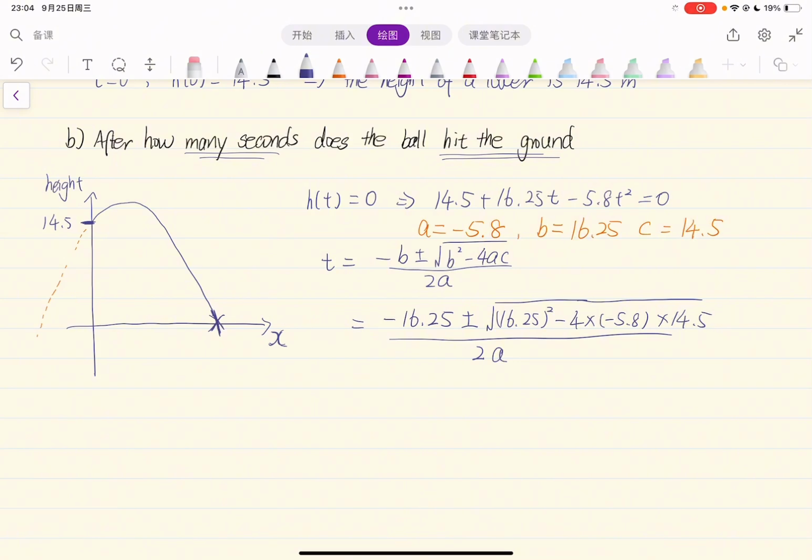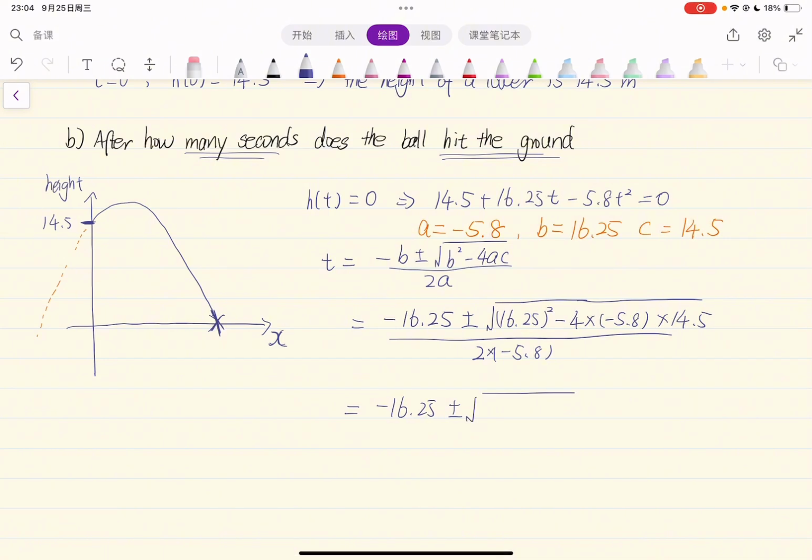Now it's time to use a calculator. We need to calculate the square root of what number? Wait a minute. Not 2a, I forgot to substitute. So 2 times minus 5.8. And then use the calculator. We have minus 16.25 plus or minus. Let me use the calculator.